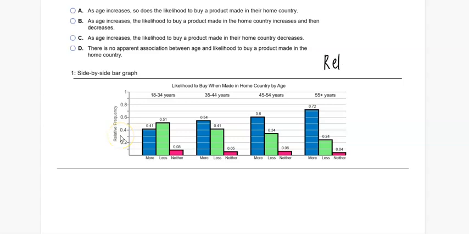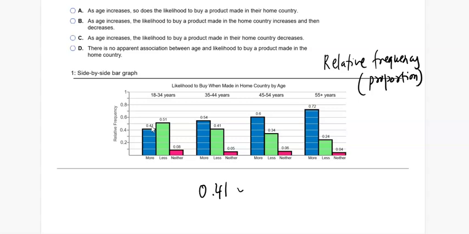Those more likely to buy if they see the ad is 0.41. So 0.41 as a proportion is the same as 41%.